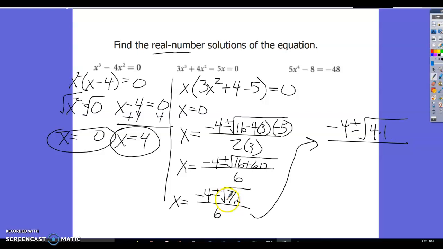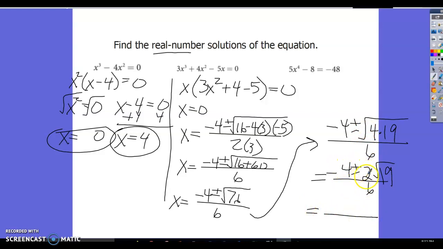Sorry, I'm trying to multiply in my head. 19. 4 times 19 is 76. Divided by 6, and that equals negative 4 plus or minus. The square root of 4 comes out as 2. Square root of 19 over 6.